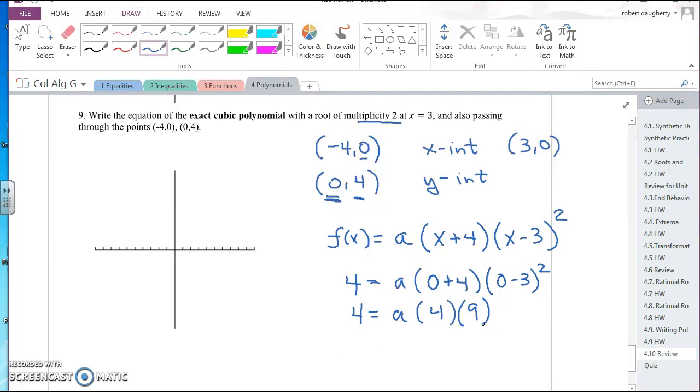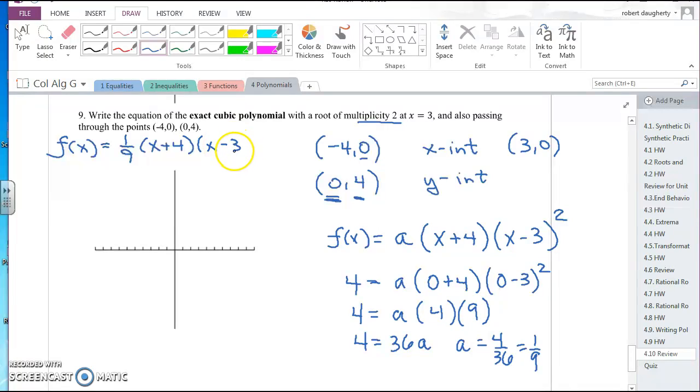So 4 is equal to 36a. So a is equal to 4 over 36, which is 1 over 9. So this equation is f of x equals 1/9 times x plus 4 times x minus 3 squared.